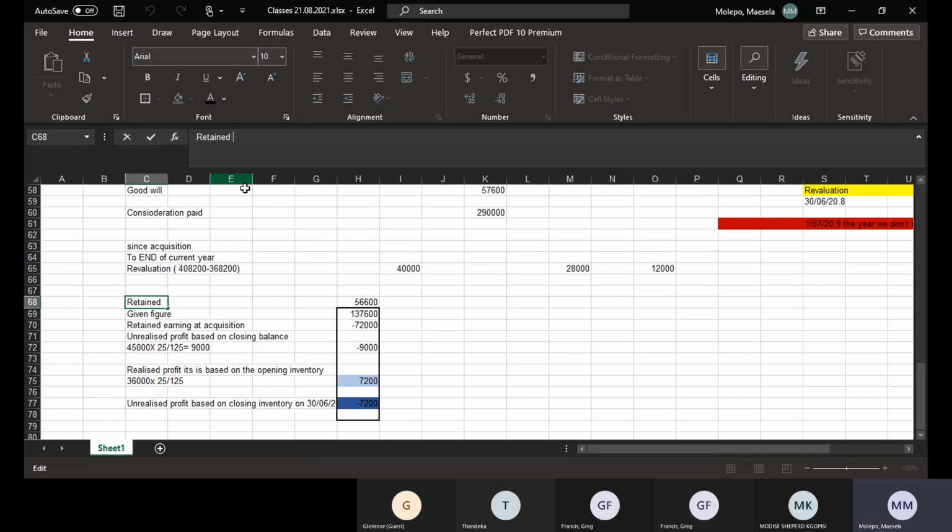So the retained earnings at end: the 56,600 you multiply by the 70%.